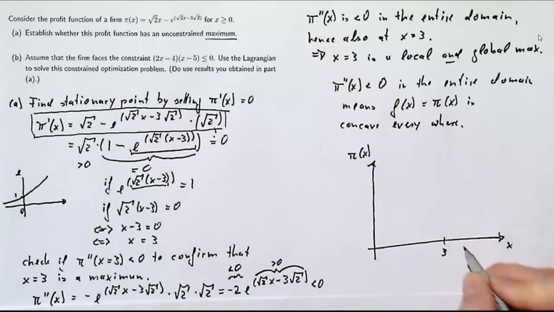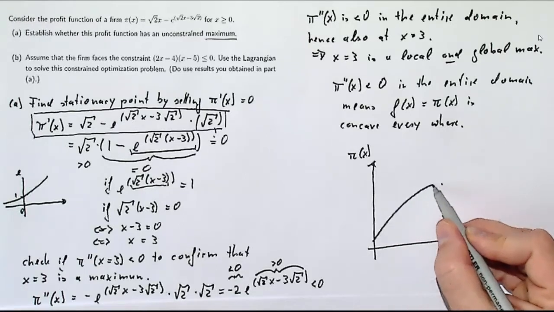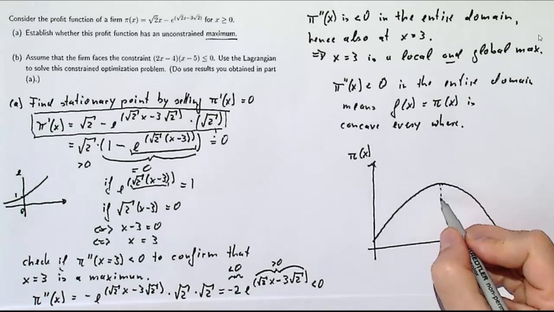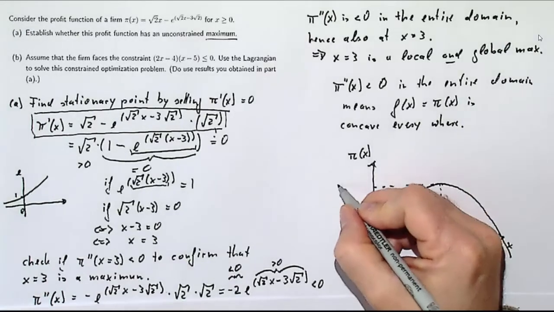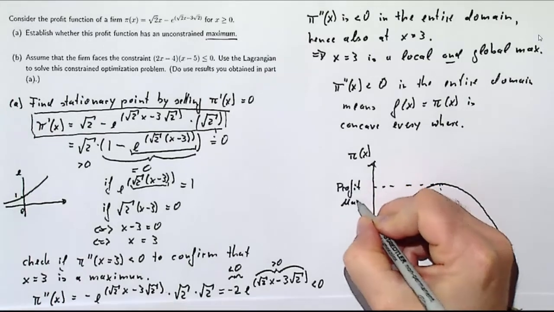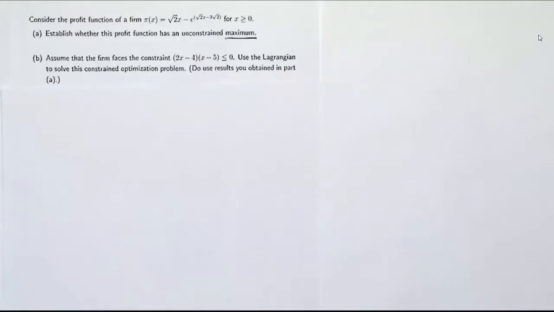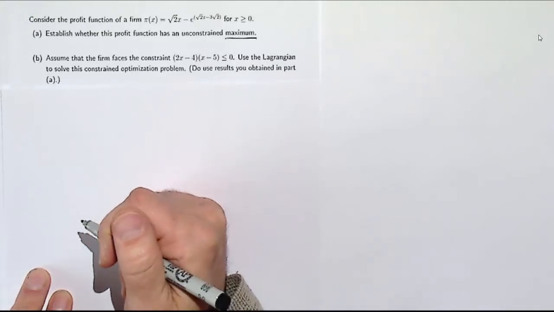We actually only looked at the domain of positive values of x, because that only makes sense in terms of production. But everywhere the function is concave. So we had our maximum at 3, and the function will look something like this. Here's our maximum profit that we have identified at x equals 3.